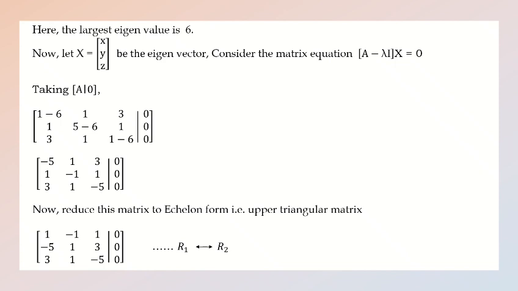As mentioned in the question, we find the eigenvector corresponding to the highest eigenvalue, that is 6. Now let X equal to a column vector x, y, z be the eigenvector.